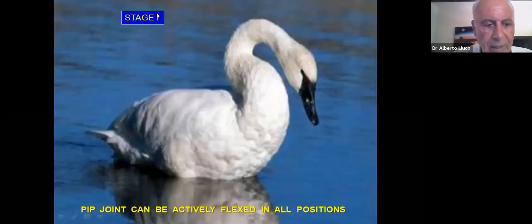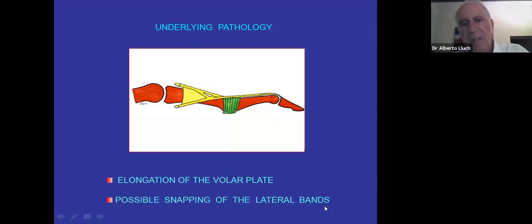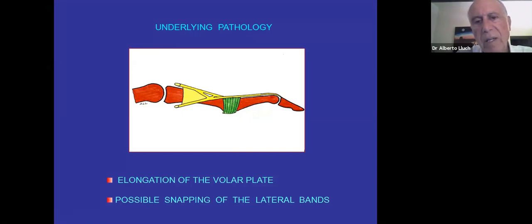Stage 1, the PIP joint can be actively flexed in all positions, regardless of whether the MP joint is in flexion or extension. What's the underlying pathology? Elongation of the volar plate, obviously, otherwise we would not have a swan neck deformity. Possibly snapping of the lateral bands, and that's the reason why the patient will come to the doctor's consultation.